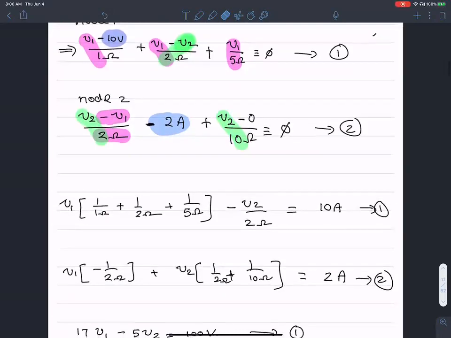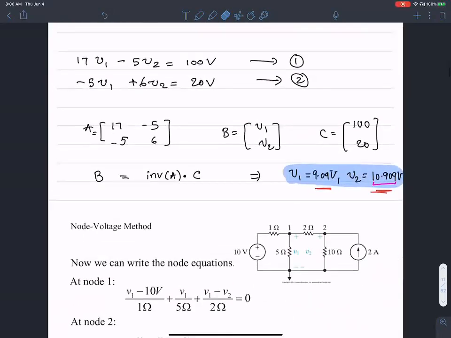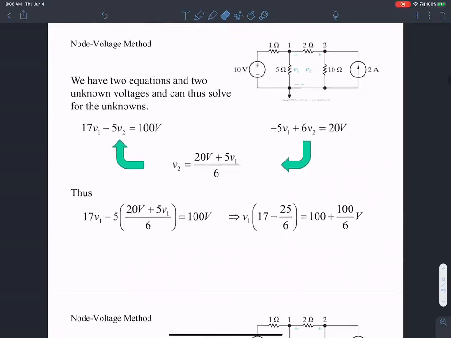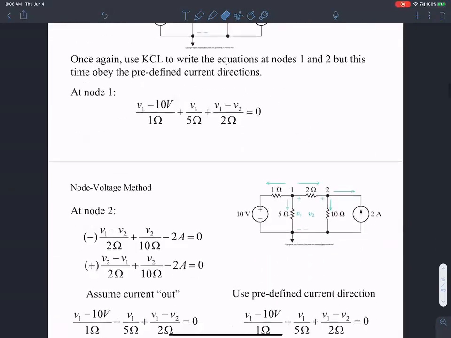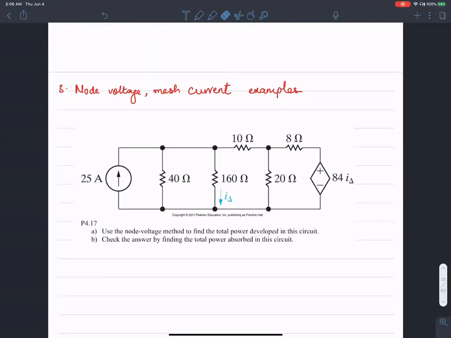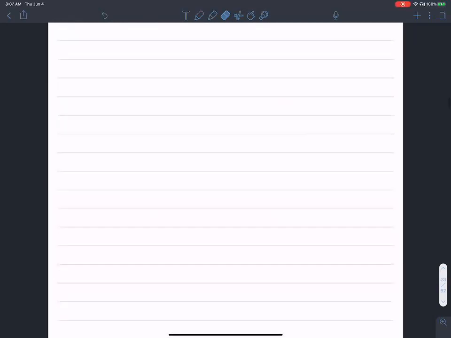All right. So that's what we discussed. We looked at a couple of examples. The second example used the node voltage method when I have a dependent voltage source or a dependent current source.